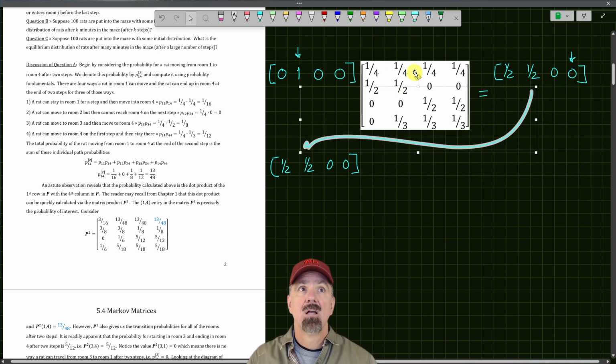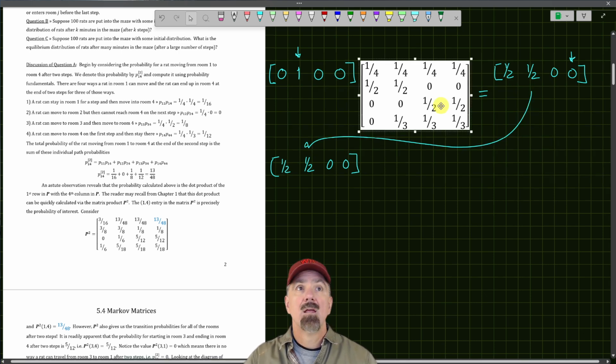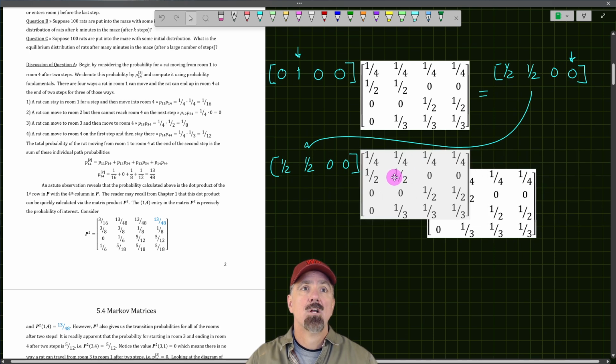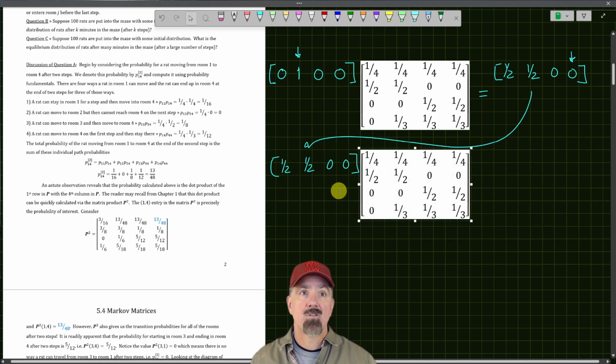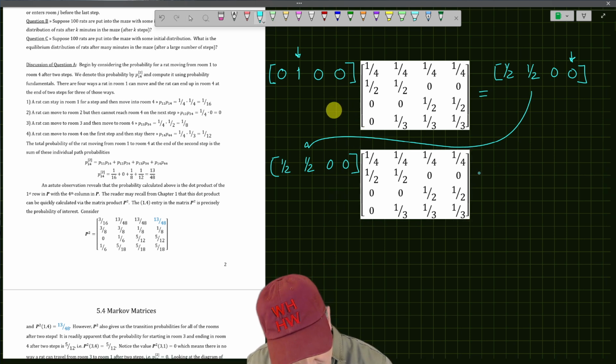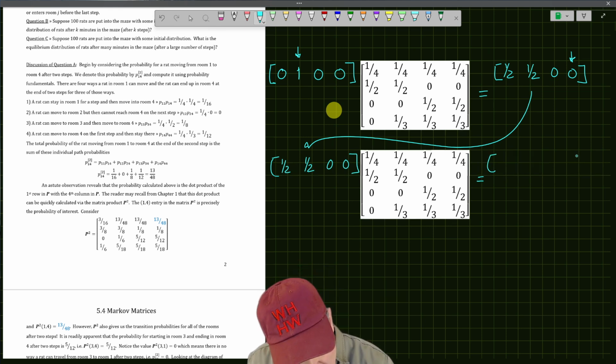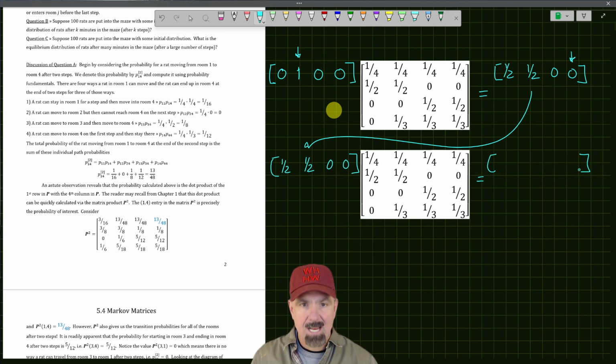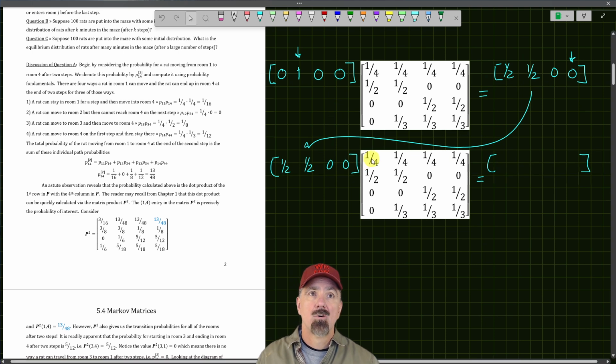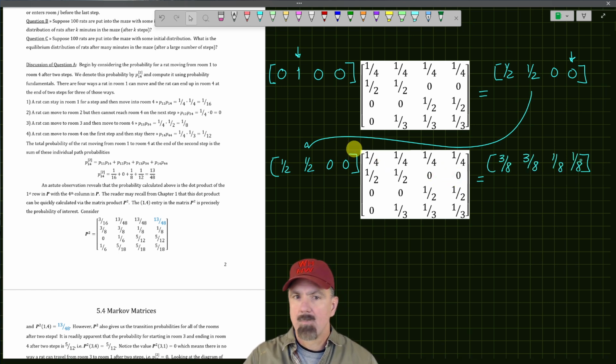Let me just copy this and paste it down here. We're just going to apply the transition matrix again. This will be the probability after 2 steps, because every step is another application of the transition matrix. So when we do this, we take half of the first row and add it to half of the second row. Let me fill that out.